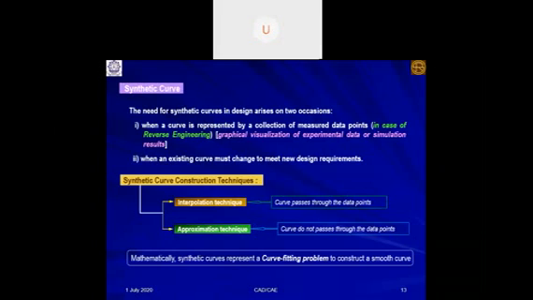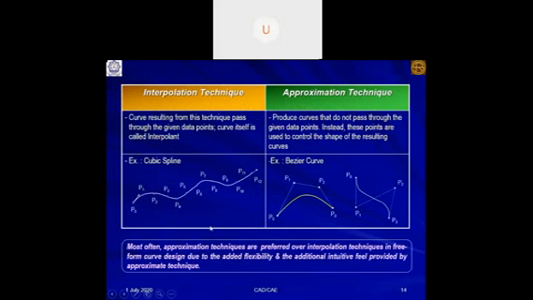Rather, it passes through a few data points, and the remaining data points act as control points. Mathematically, a synthetic curve basically represents a curve fitting problem to construct a smooth curve.